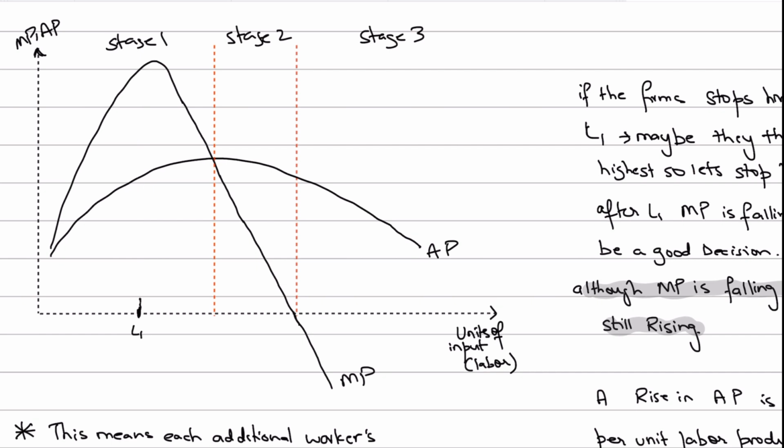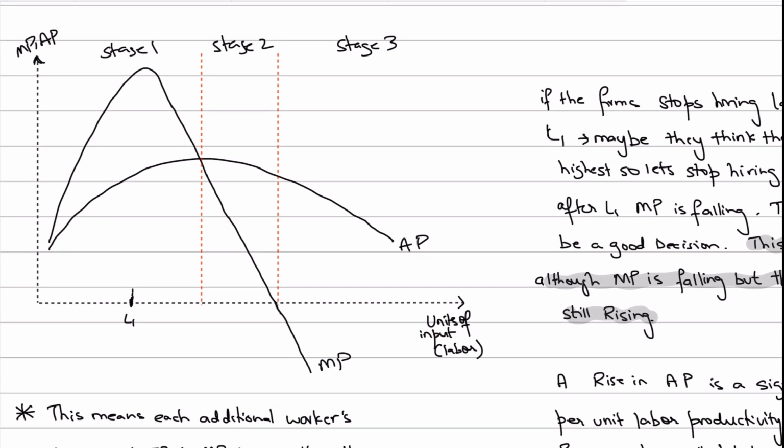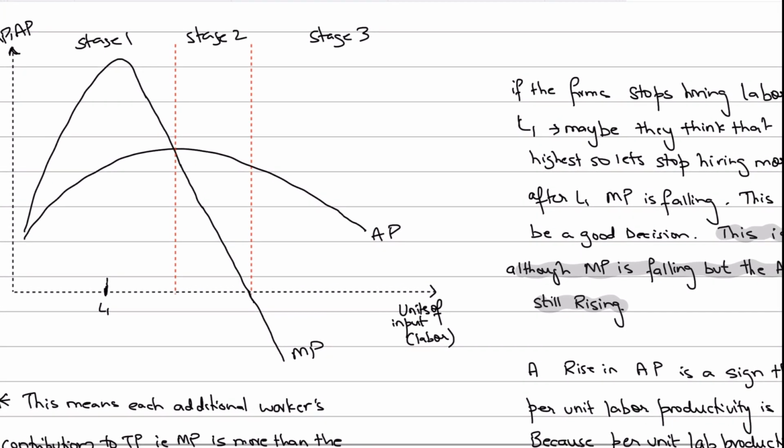This is just an assumption; it could hire any number of workers in stage one, but let's say it hires L1 workers, because at that point the marginal product of labor is maximum, right? So you see, although it hires L1 workers, and let's say these are maybe 4 workers, right?